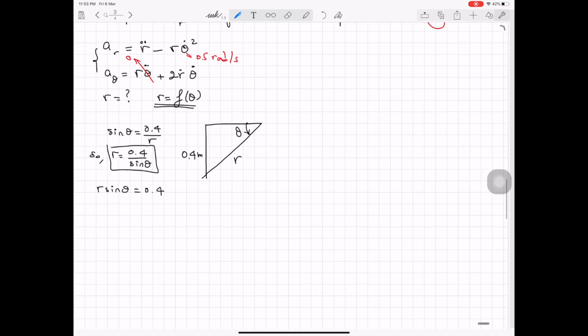Now, if we differentiate this equation with respect to time, R sine theta is equal to d over dt of 0.4, what do we get?